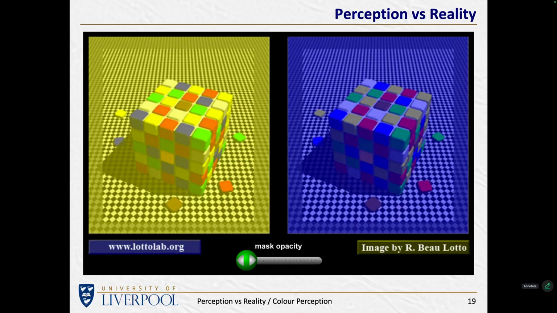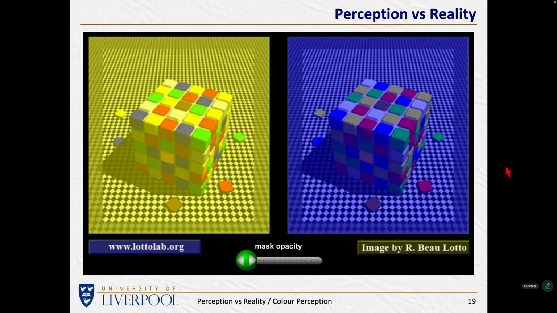I hope you now have 2 numbers in your head. And if you have normal colour vision, you will probably come to the conclusion that there are 4 blue tiles on the left, and you'll probably come to the conclusion that there are 7 yellow tiles on the right.